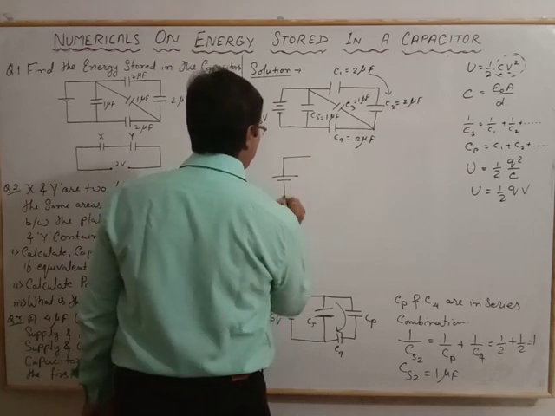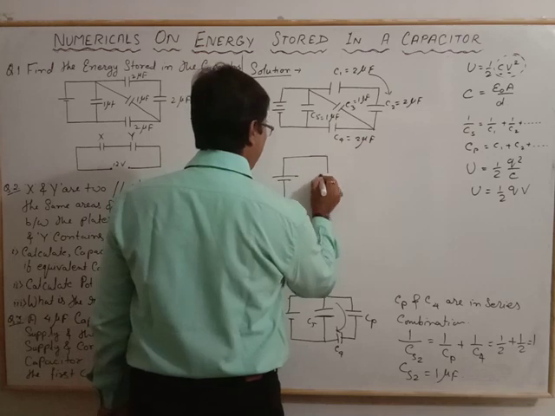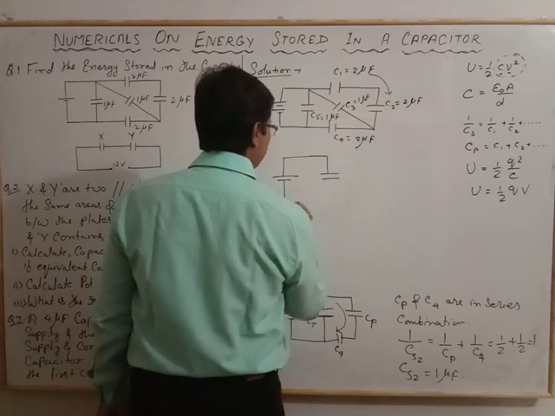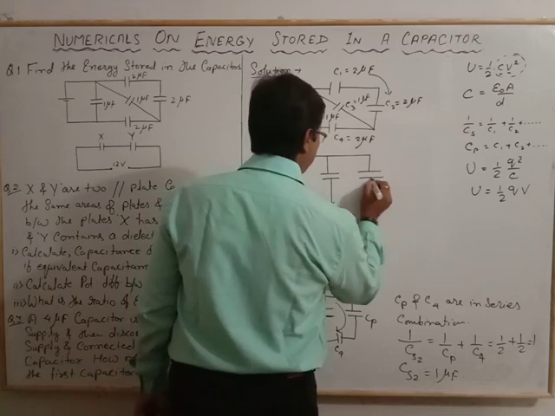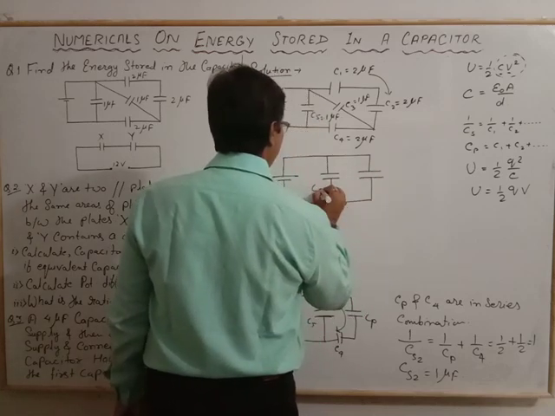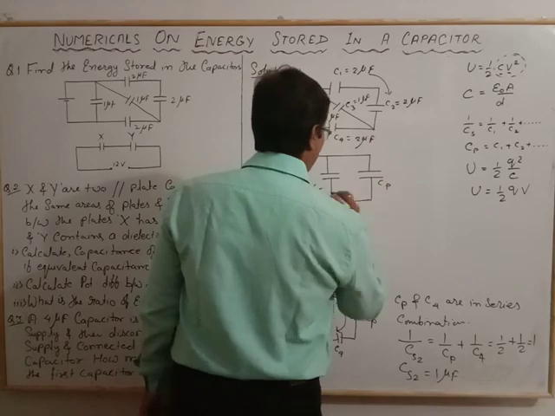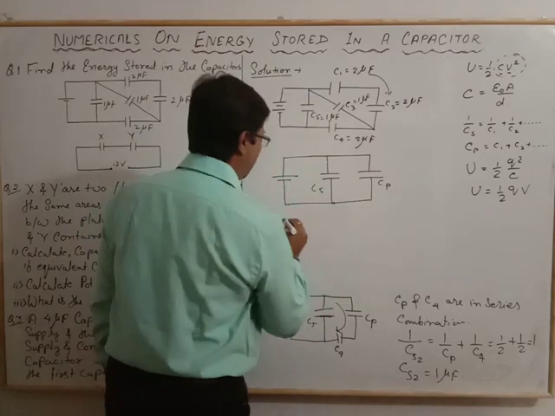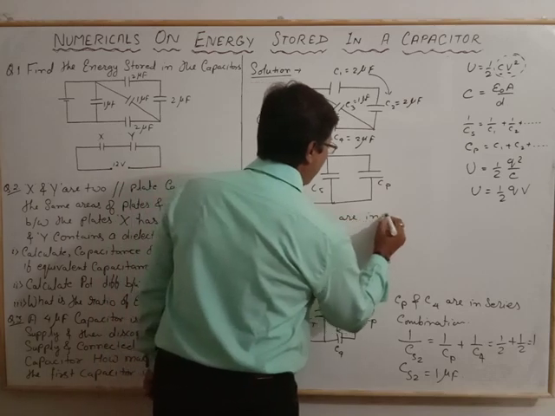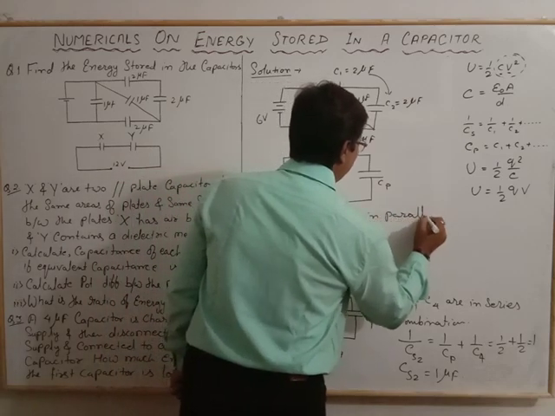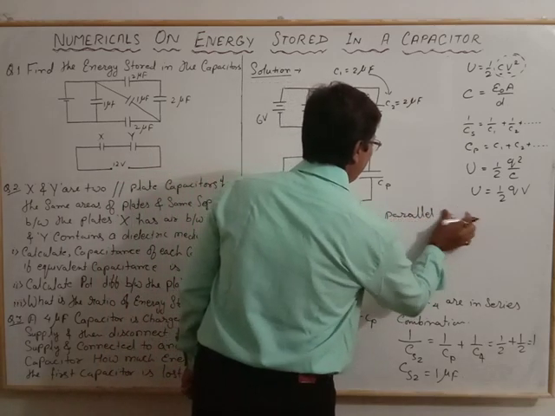This is the potential and here it is C5, and that is connected with the CS2. So C5 and CS2 are in parallel combination.